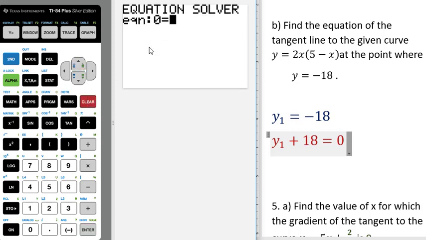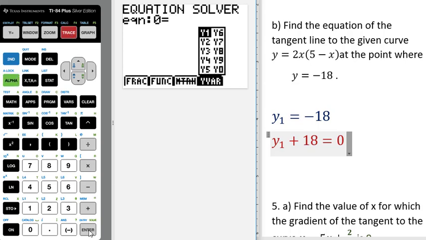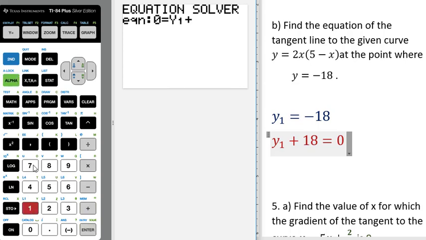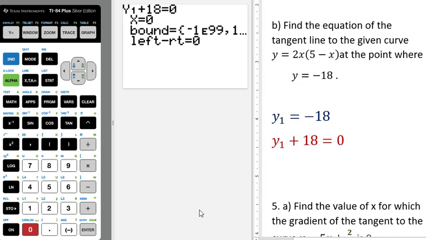So clear the memory here. And 0 equals, you have to do alpha trace y1 plus 18. So after you press enter, you will go here.